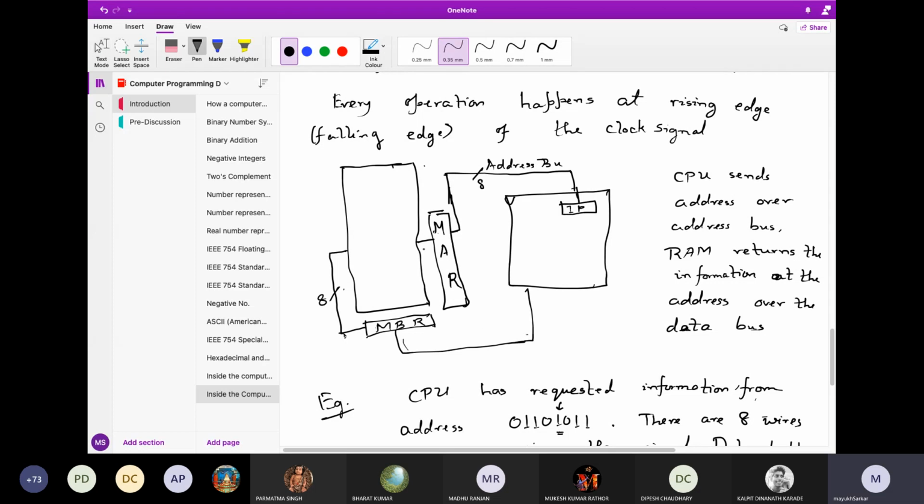At the immediate next clock signal, that address completely is fed to the memory. RAM looks at which address it wants the data from, and from there the data is sent over the data bus.